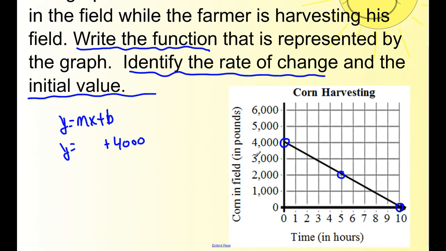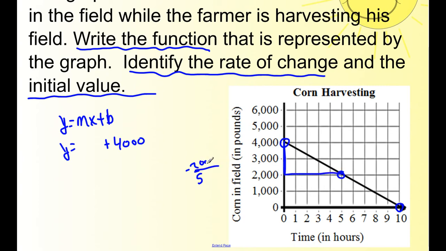So my slope appears to be down. Now, don't do this. It's not down 2 over 5. You wouldn't say the slope is negative 2/5. That doesn't work. Using your scale, if you're going down 2, this is down 2,000 over 5 hours.